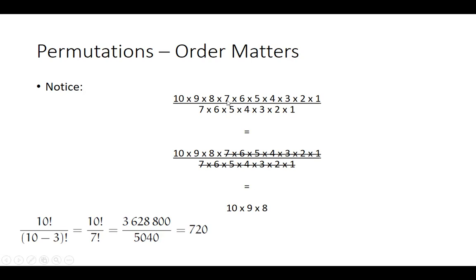The string of product from 7 to 1 being the same on the top and the bottom can cancel away, just leaving us with 10 times 9 times 8, which was the calculation we just did. So we can say 10 factorial over 10 minus 3 factorial, or 10 factorial over 7 factorial, would be 3,628,800 over 5,040, which also gives us the 720 that we get with 10 times 9 times 8.